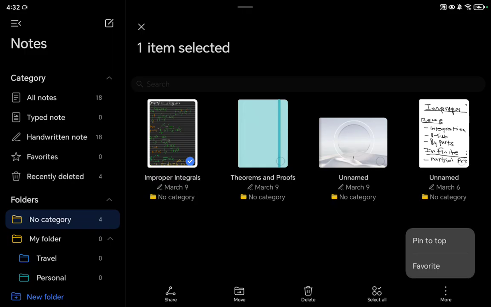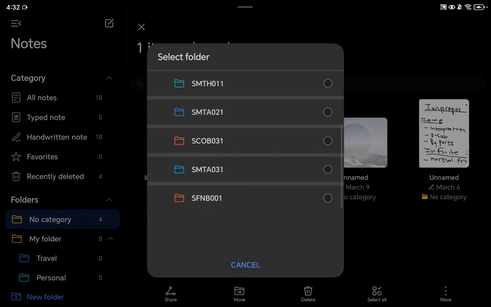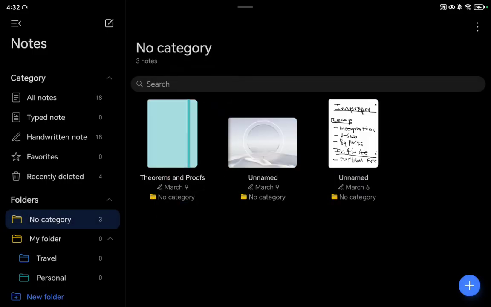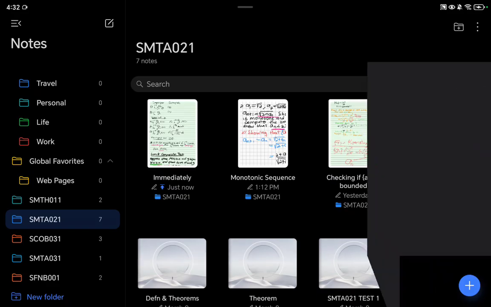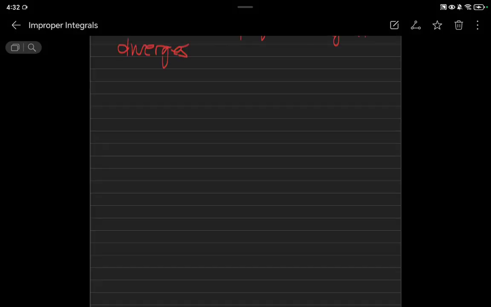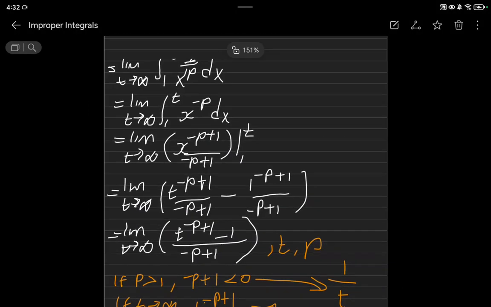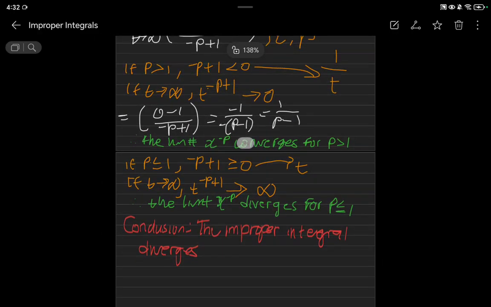Not categorized. So we have the improper integrals that we did last time. So they're all here.